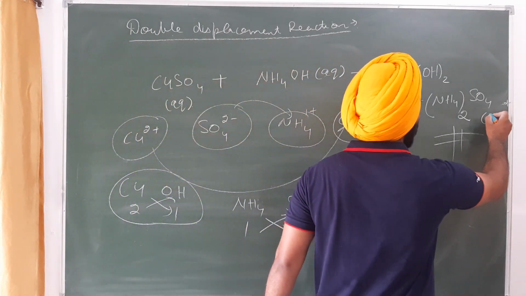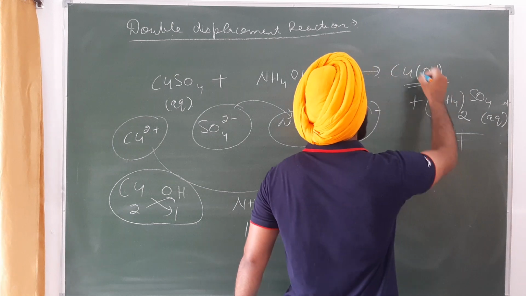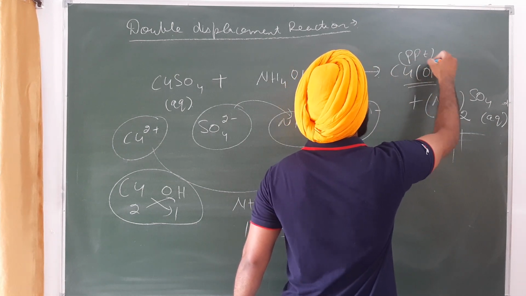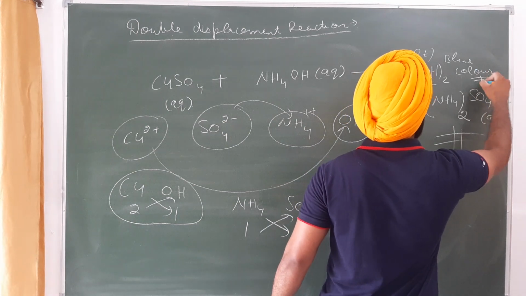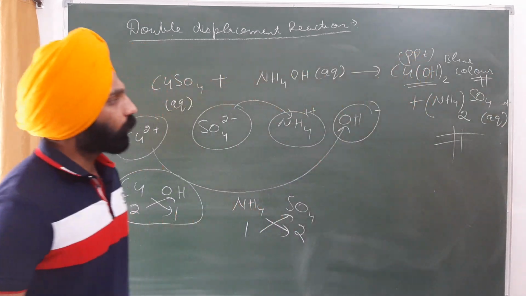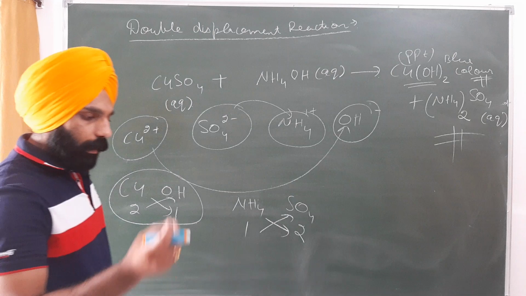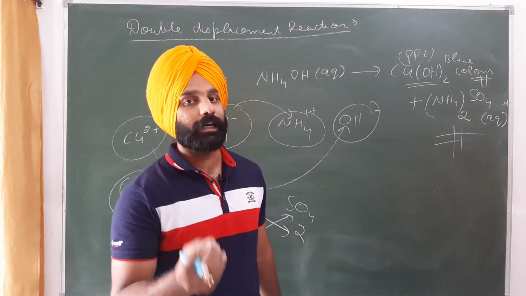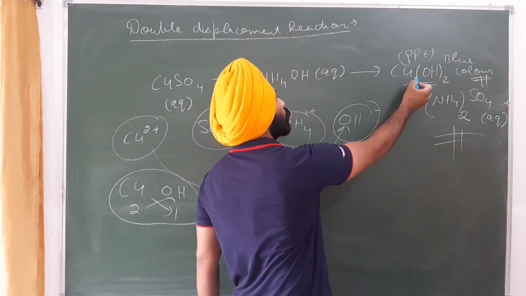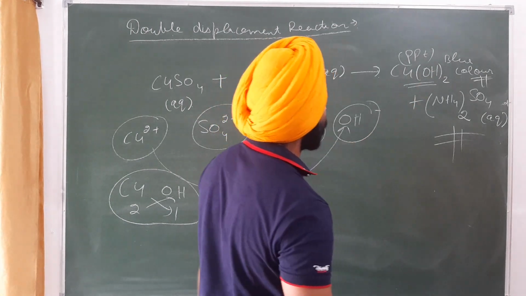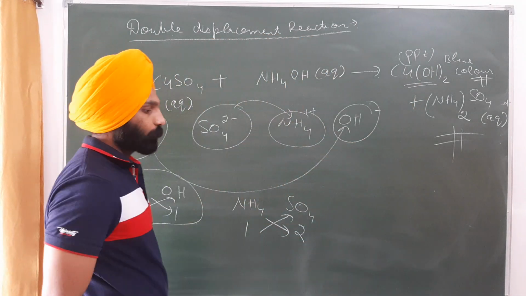Ammonium sulfate will be in aqueous form and copper hydroxide will form precipitates of blue color, because every salt of copper has a characteristic color of blue. So this will form a blue colored precipitate due to that double displacement reaction.